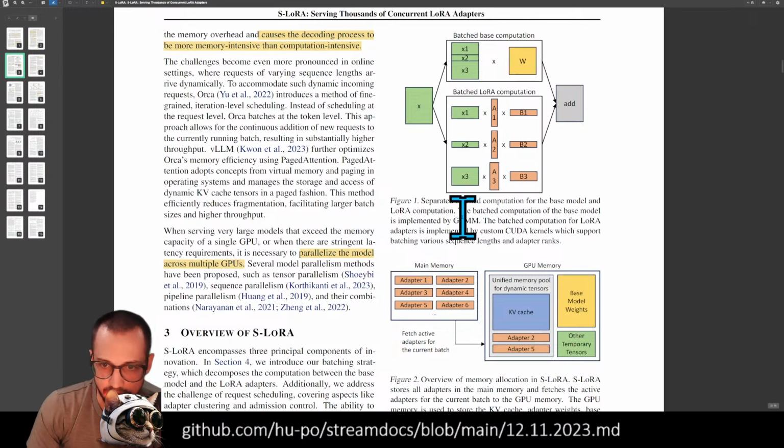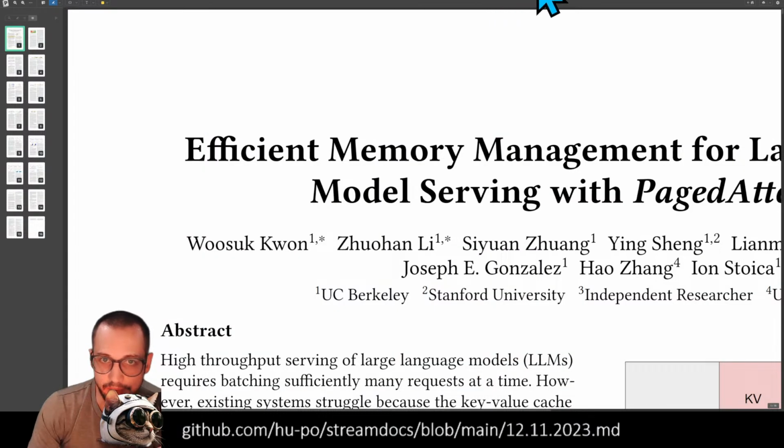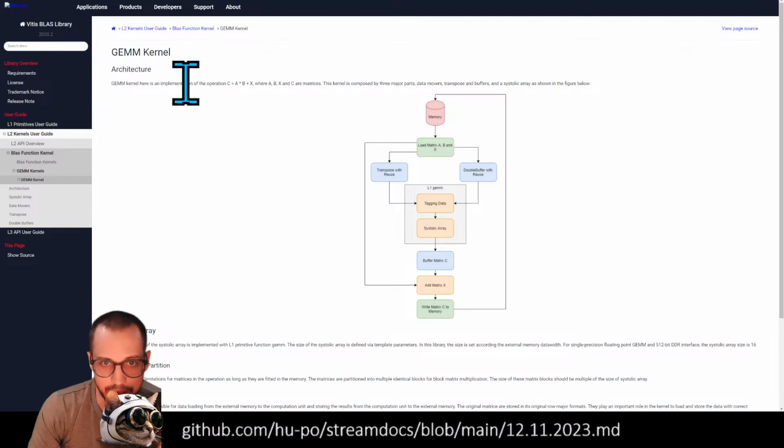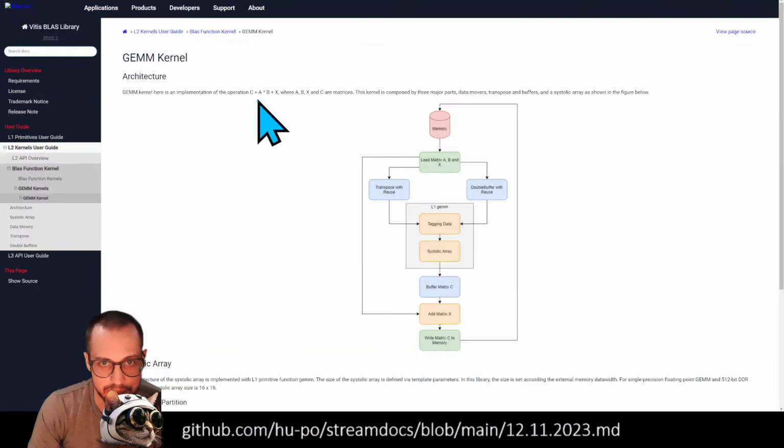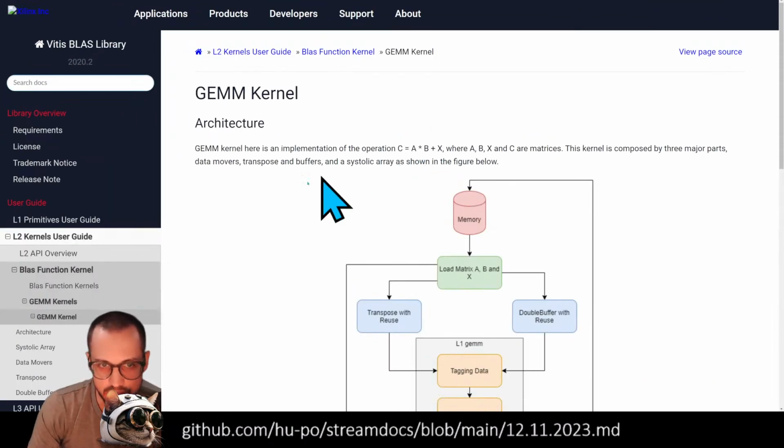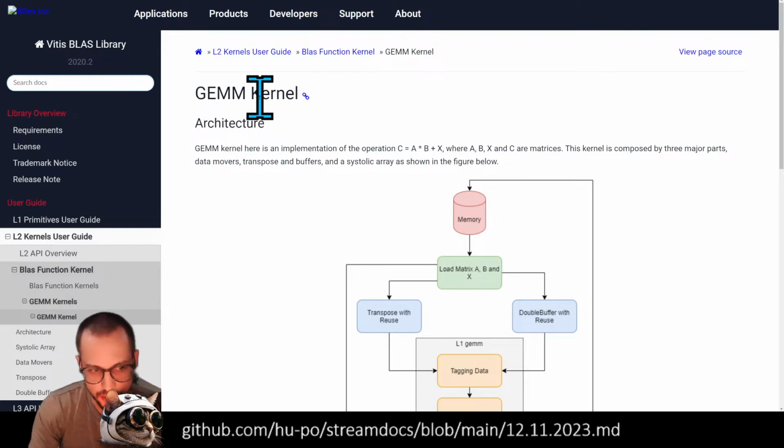Batch computation of the base model is implemented by GEMM. The batch computation for LoRA adapters is implemented by custom CUDA kernels, which support batching various sequence lengths and adapter ranks. Okay, so GEMM, and this is another little tangent. I had to look this up, but GEMM is an implementation of the operation C equals A times X plus B. It's generalized matrix multiply, basically the most common or basic type of kernel you could have.